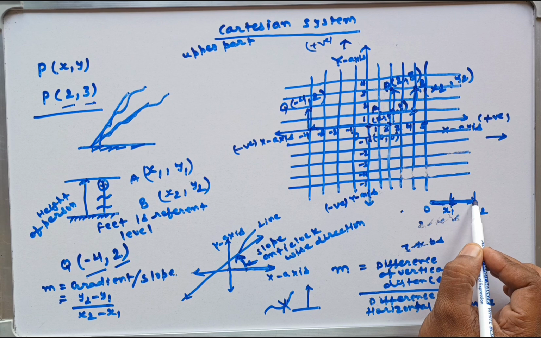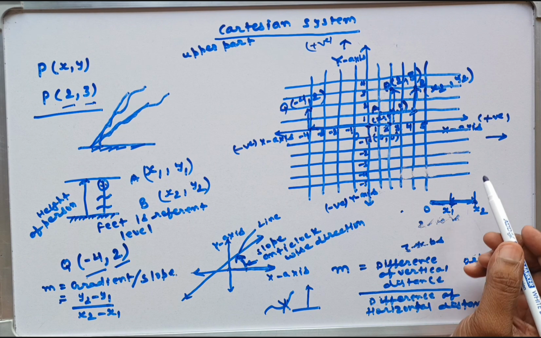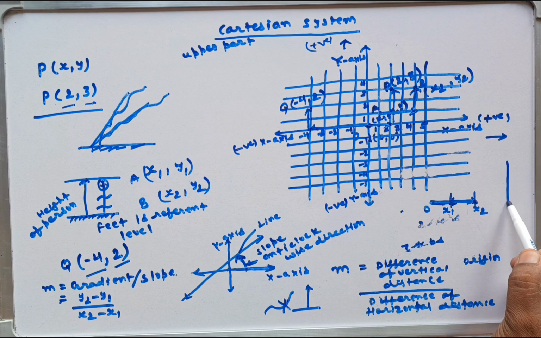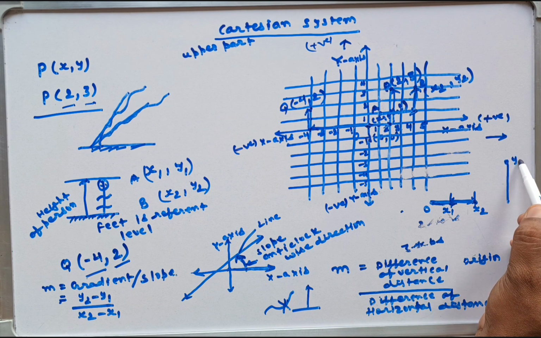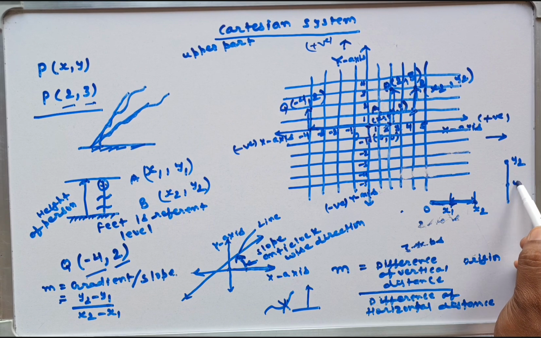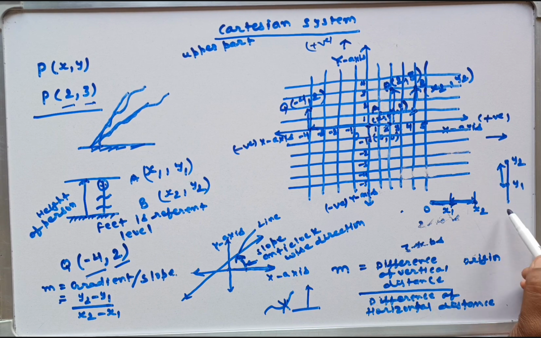Now in a similar manner, in the vertical direction, if this one is y2 and this one is y1, then when we take the difference of y2 and y1, this will give you the distance between the points y1 and y2. This is the way you can find out the gradient of points when their numeric values are given.